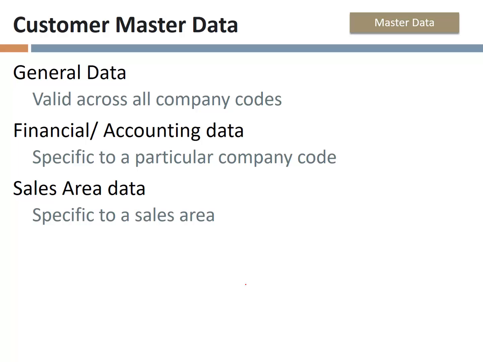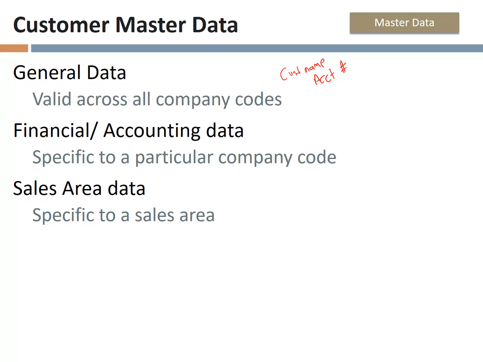It's valid across all company codes, and this would include things like the customer name, the name of the company, their account number, and very basic facts about the organization. It might include things like addresses and phone numbers and things of that sort. These are the universal set of facts that we all share whenever we reference this organization.